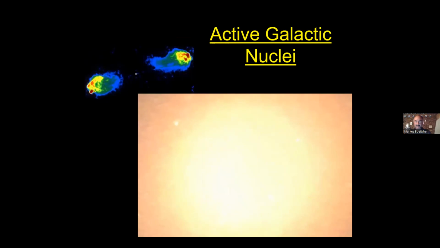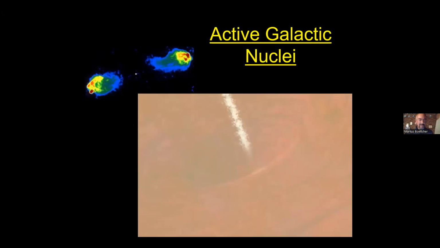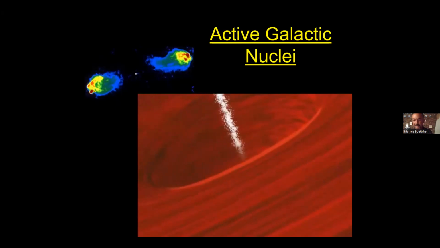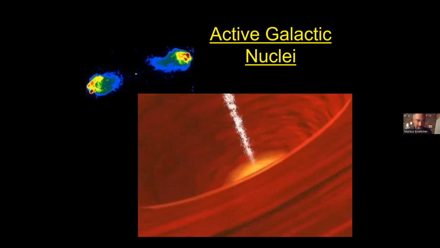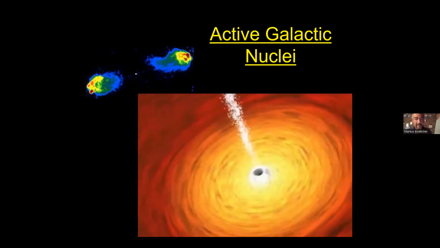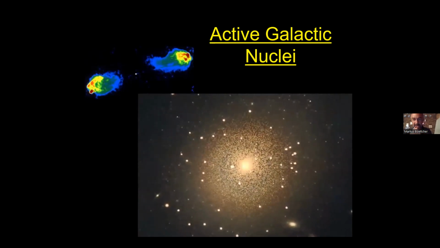In these AGN, like in most galaxies, there's a very massive black hole in the center, with masses of millions to billions of times the mass of the sun. As far as we know, pretty much all galaxies, including our own Milky Way, have a supermassive black hole in the center.